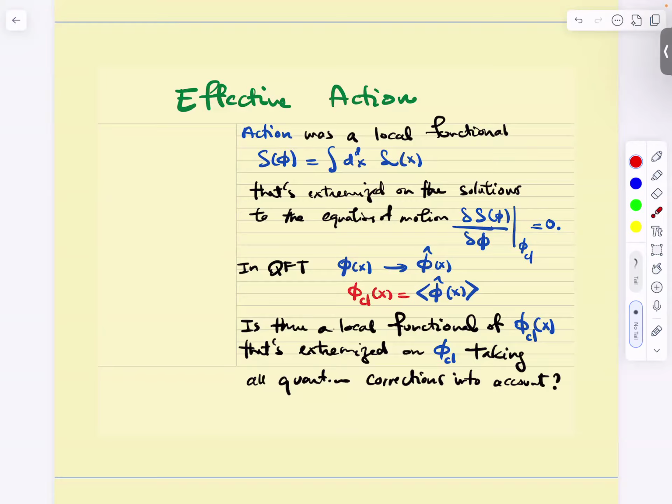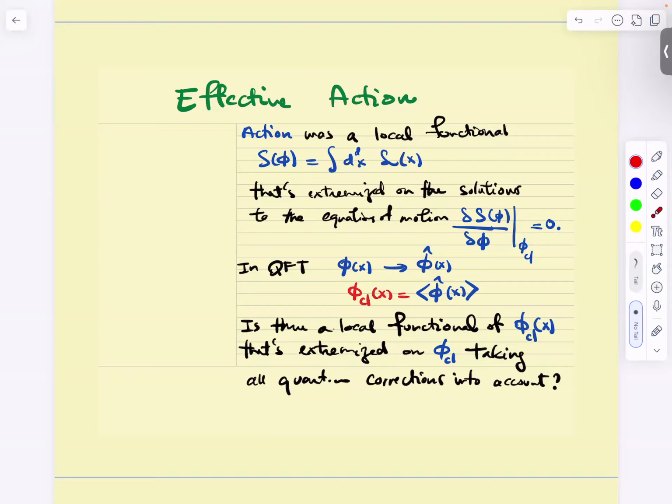You turn the cranks of the theory, and it will generate what it is that all of these are calculated. What we're asking is, is there a functional of phi classical we could write down that has all these calculations in it? So if you want to do the quantum calculation, somebody calculates for you that functional. You just do a variational principle and read off these guys.